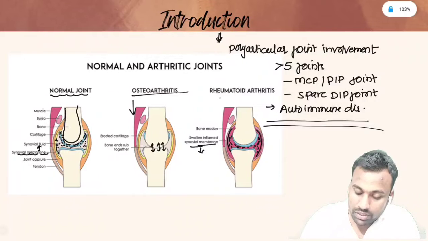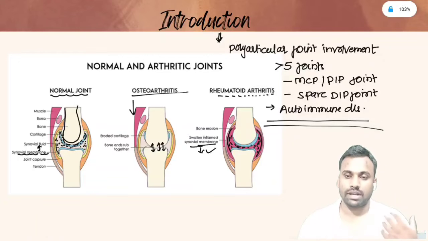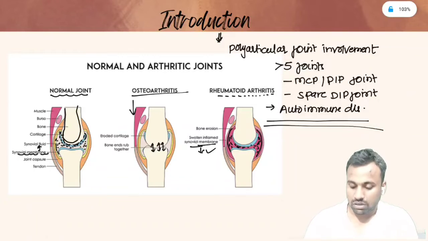In rheumatoid arthritis, we see inflammation of the synovial membrane, and along with this it can also develop some extra-articular signs. We can understand these extra-articular signs within a minute.